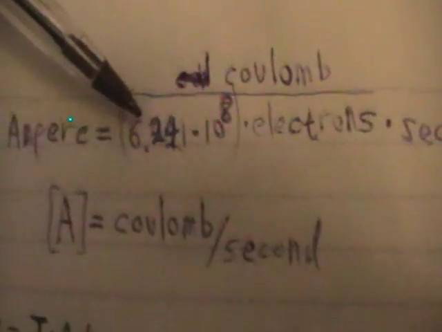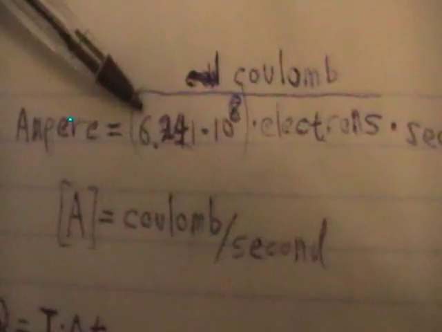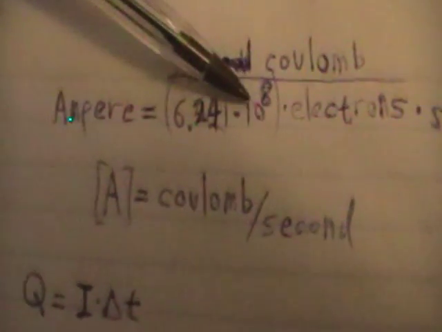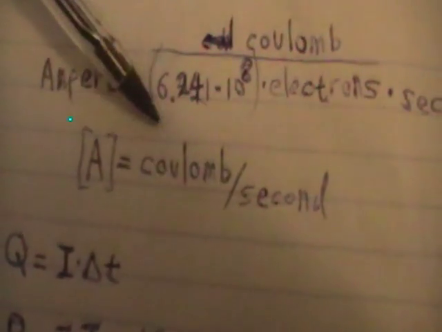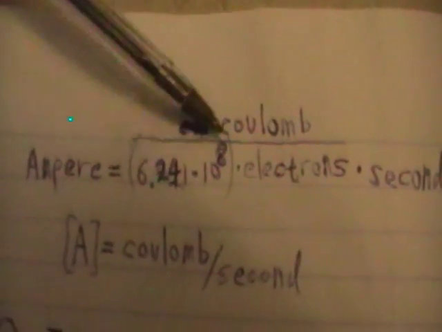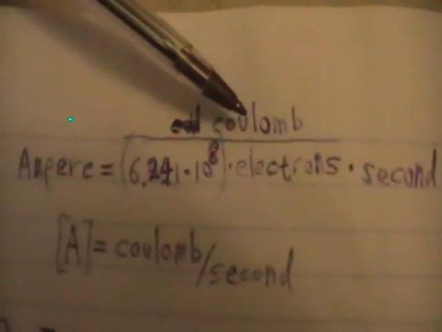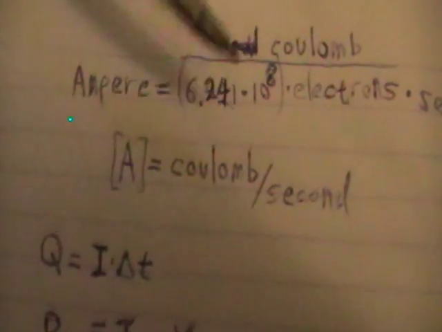So what is an ampere? Well, an ampere is a very big number of electrons per second. Coulomb per second. This very big number of electrons is called Coulomb. Okay, so the ampere is a Coulomb per second.